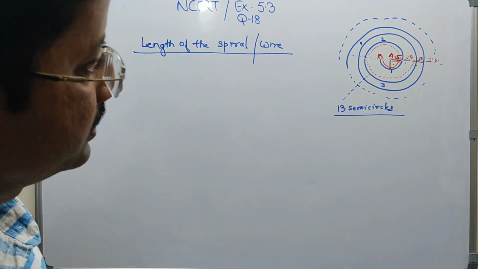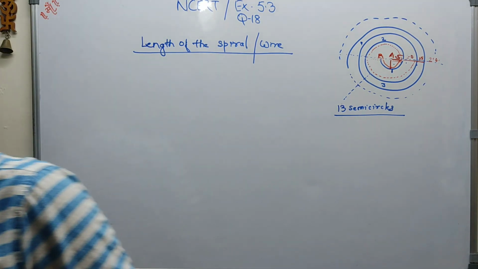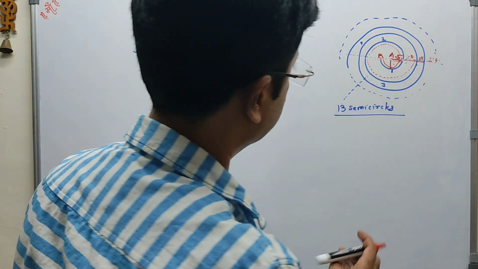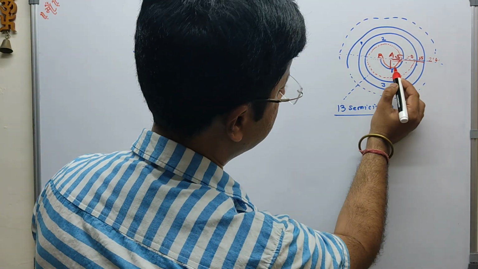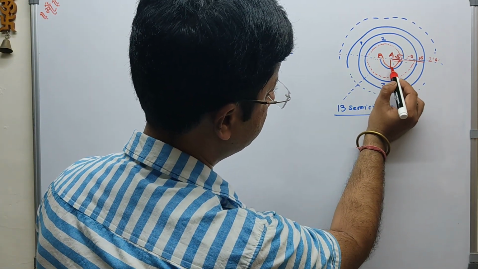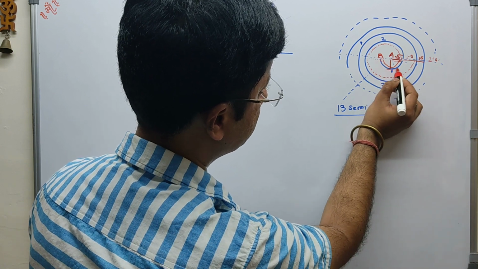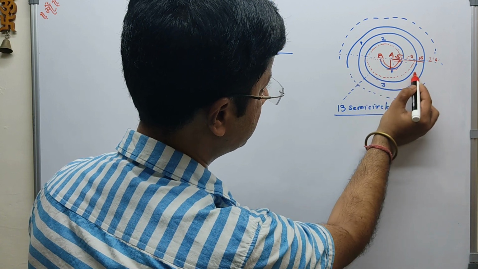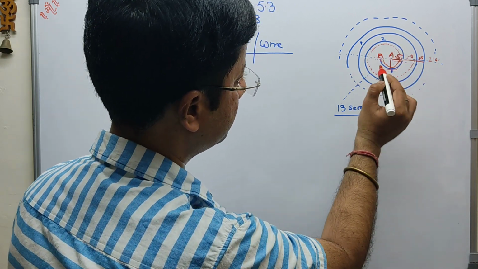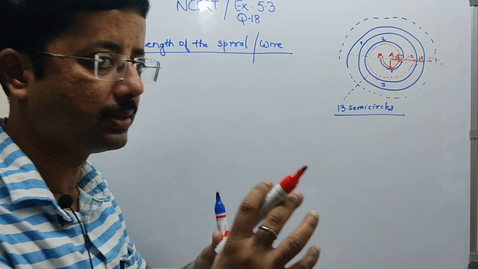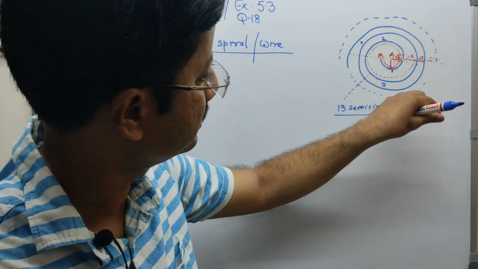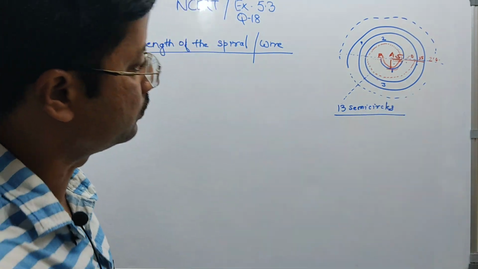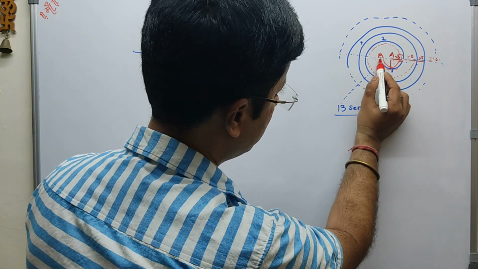If you see the diagram carefully, this spiral is made up of 13 semicircles. This is the first semicircle, this is the second, this is the third. So 13 semicircles make up this spiral, and we will find the measurement of each semicircle.